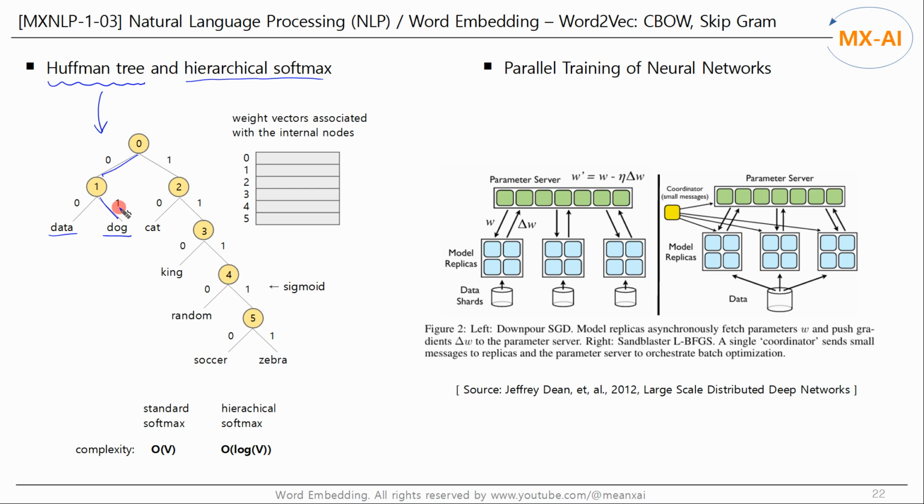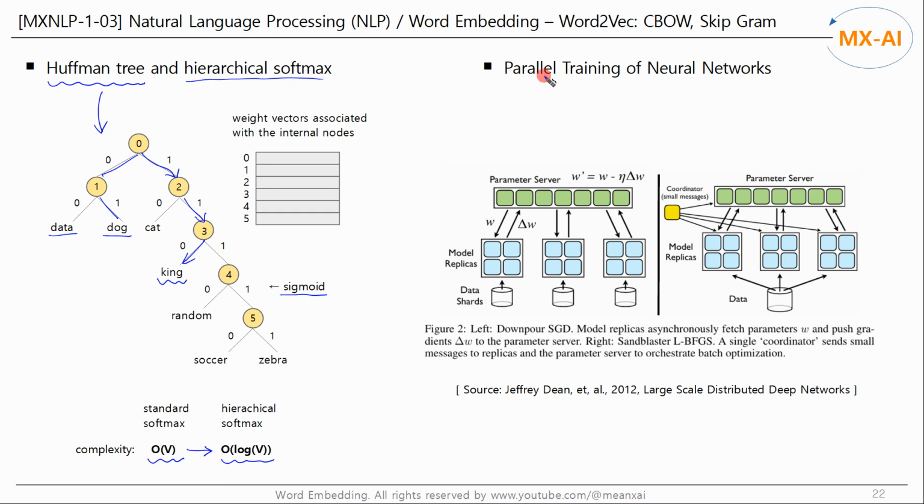Instead of a single large softmax computation, hierarchical softmax computes sigmoid as it traverses a path from the root node to a leaf node, a predicted word, in the Huffman tree. This reduces the computational complexity from being linear in the vocabulary size to being logarithmic. We'll go into more detail about this in later videos.